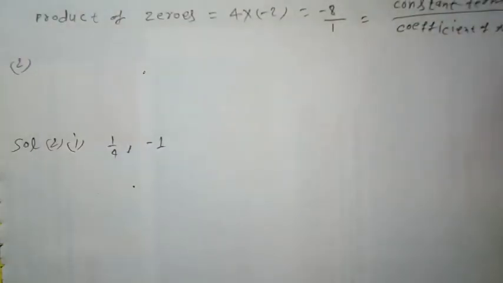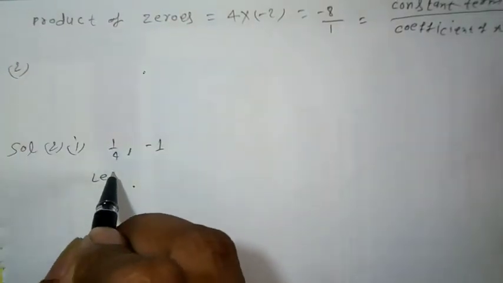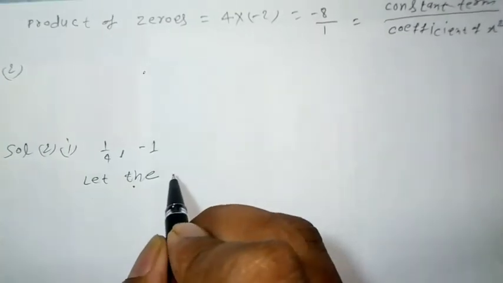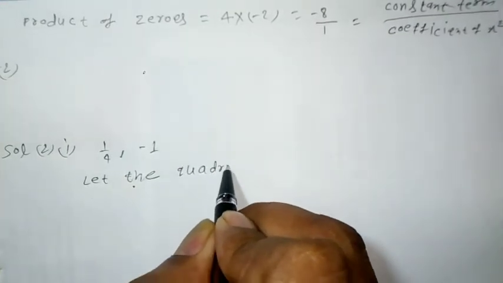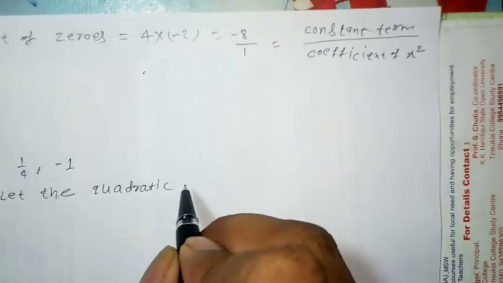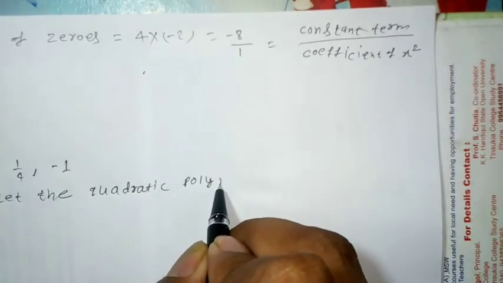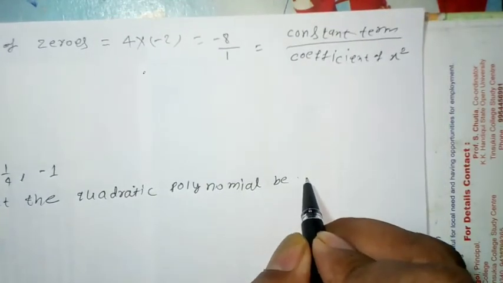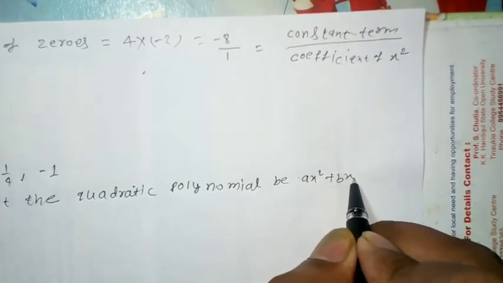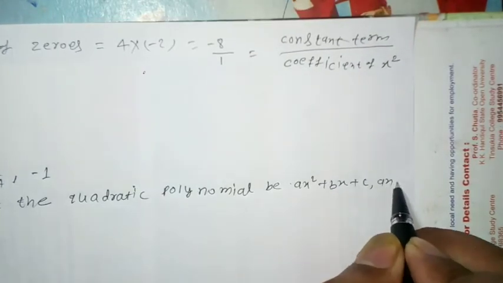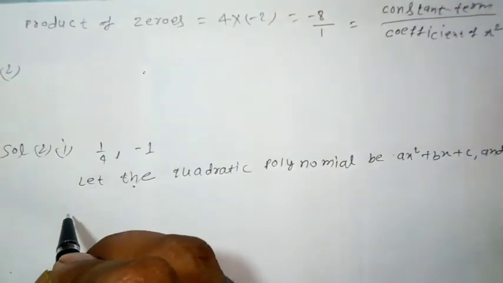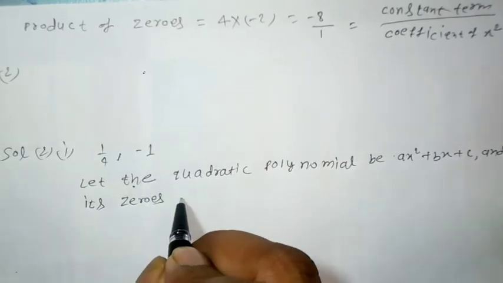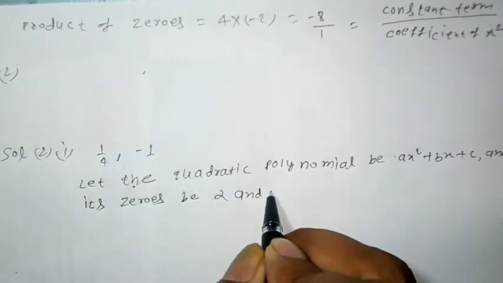Now let the quadratic polynomial be x square plus bx plus c and its zeros be alpha and beta.